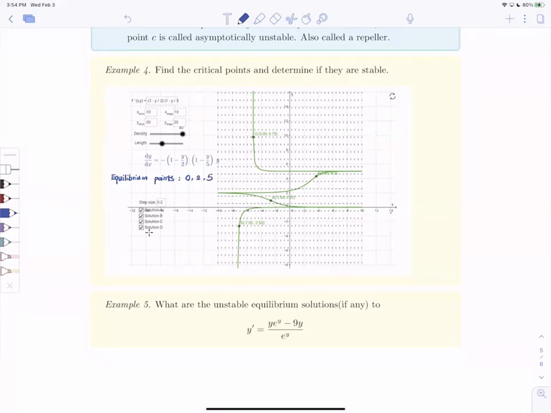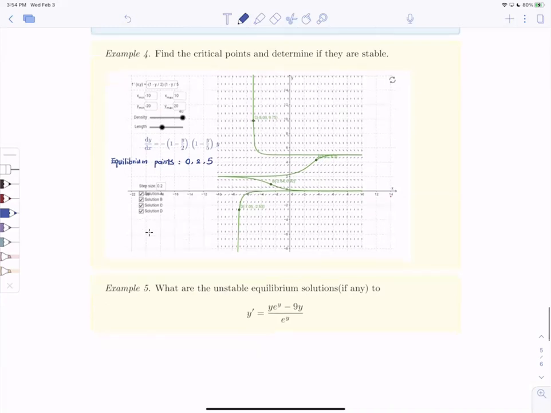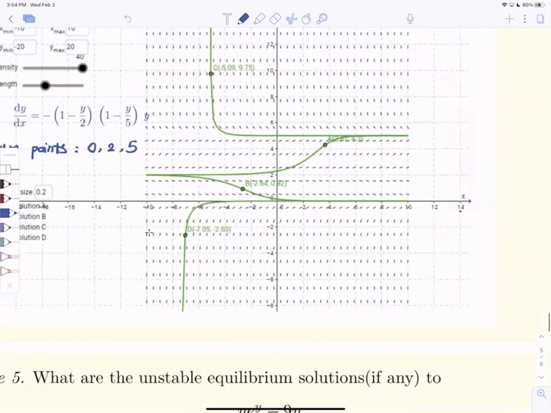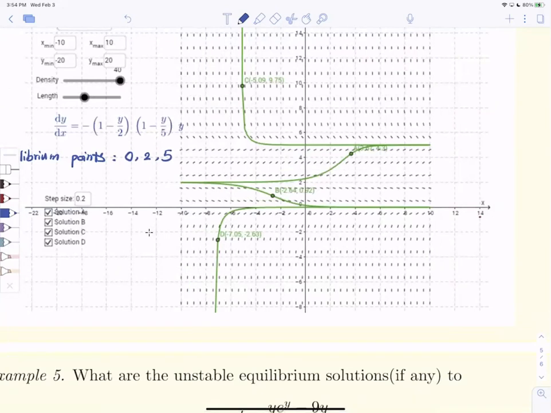points, okay? So what you need to check is, when y equals 0 and as x goes to infinity, is your graph approaching 0 or going away from 0? So let's look at the graph. Here is 0, so this line is 0.